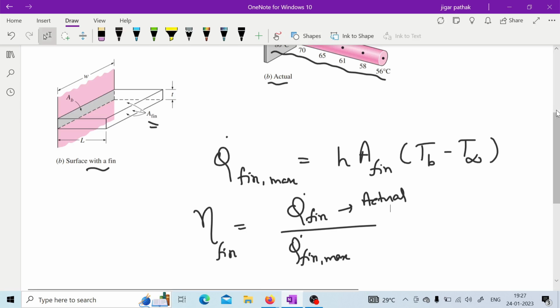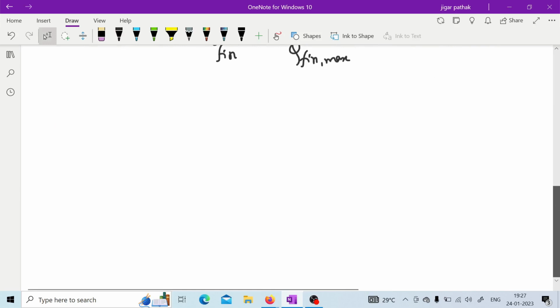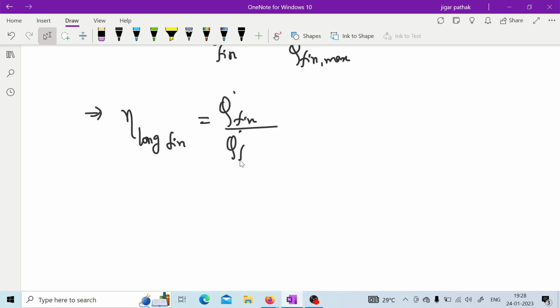Now consider the efficiency for the long fin and the different cases we have considered. For a very long or infinite fin, the efficiency is Q fin upon Q fin maximum.